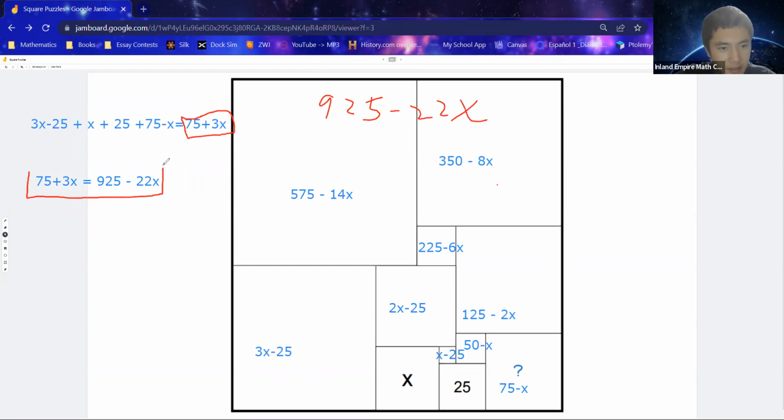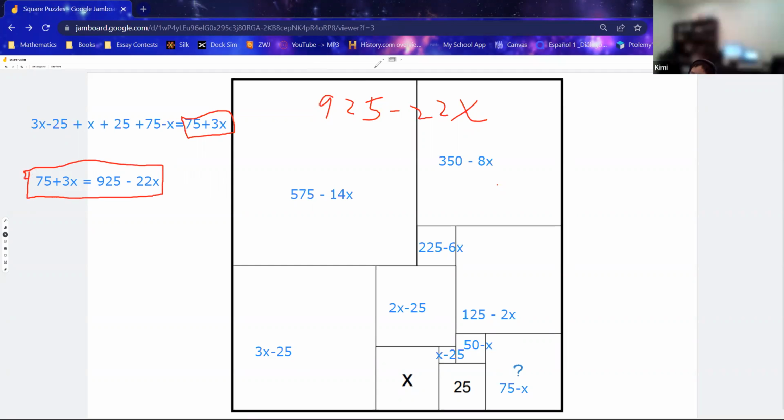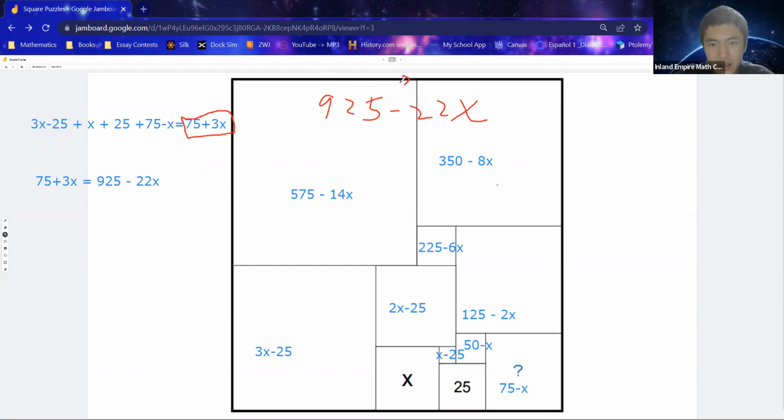We seem a little confused. Yes, I agree. Right, because we know that it's a rectangle, so these two side lengths have to be equal. So 75 plus 3x has to be 925 minus 22x. So to find x, we simply solve this equation.